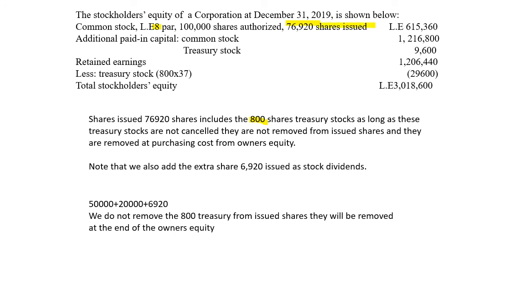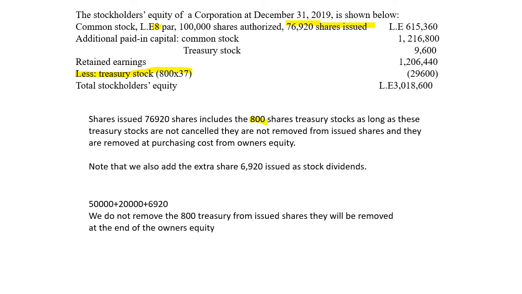They are subtracted at the end of the owner's equity, but not subtracted from the issued shares. So when you tell me the issued shares, you do not say it's 69,200. No, it's not 69,200. It's 70,000, plus the extra shares that were distributed to shareholders because of the stock split. Because of the stock dividends.